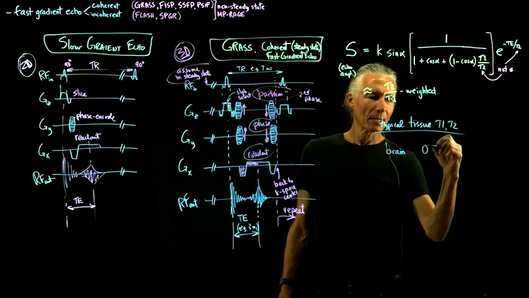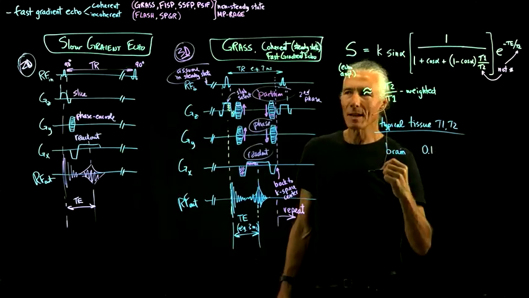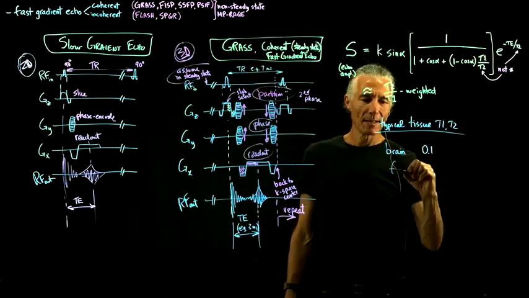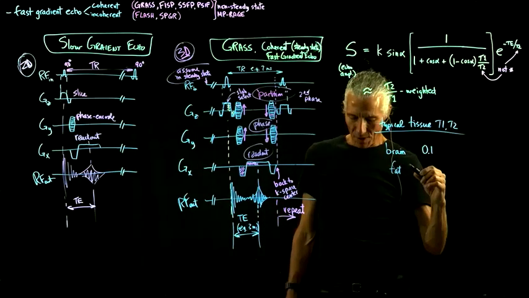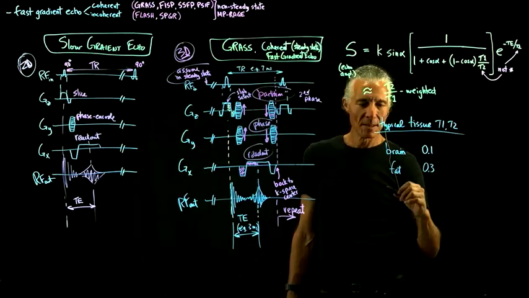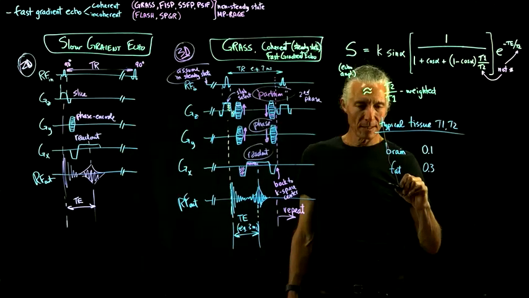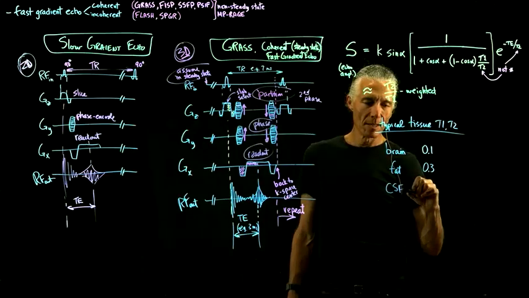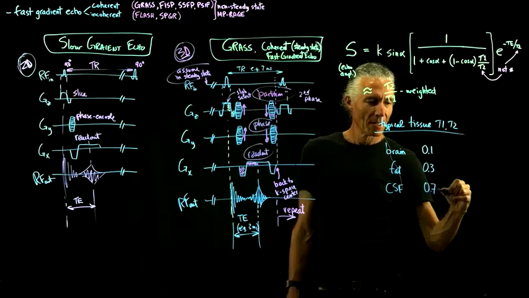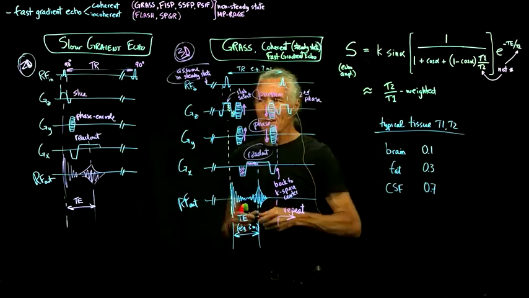It's going to be something like 0.1, in comparison to fat, which would be brighter, 0.3. But the cerebrospinal fluid is going to be like 0.7. So this will have massive contrast.